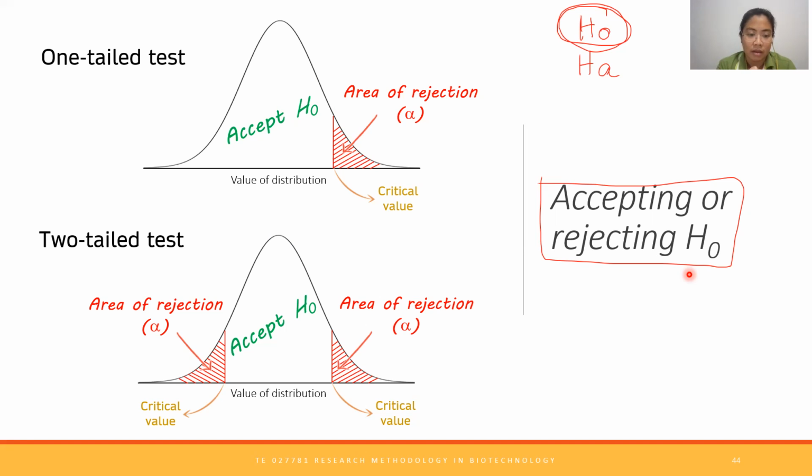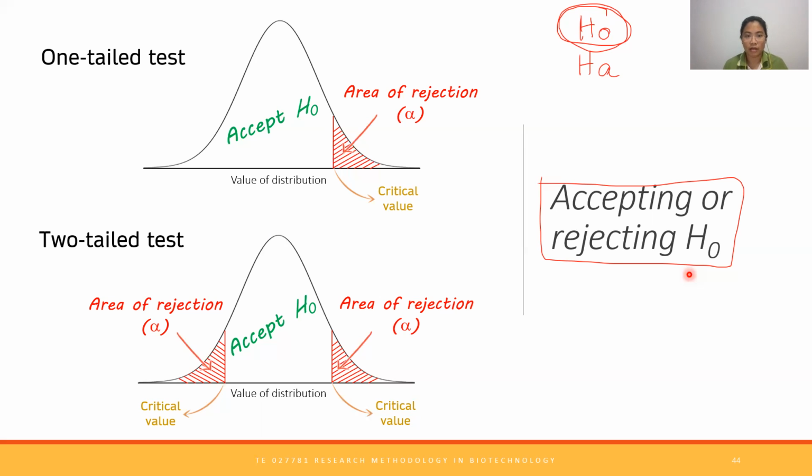Okay, so in any distribution curve, this is a symmetric distribution, and the same principle applies to any distribution curve that involves hypothesis testing.